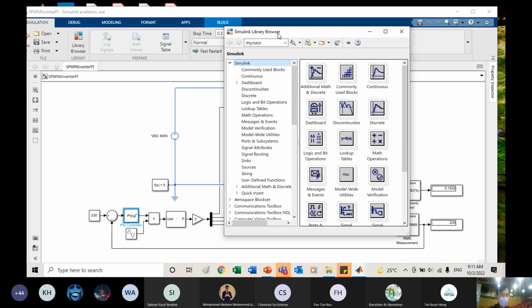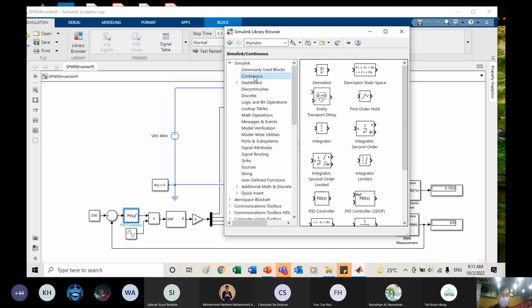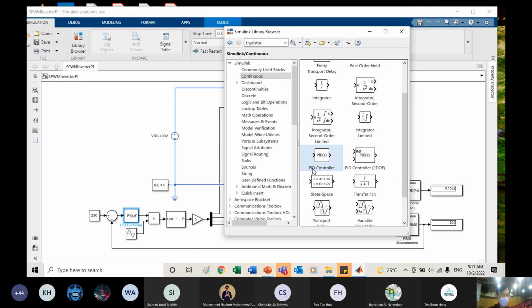The PID block is inside the Simulink Continuous library, and you see there is a PID controller. You drag the PID controller here.